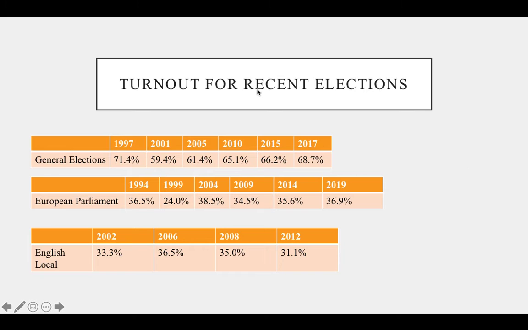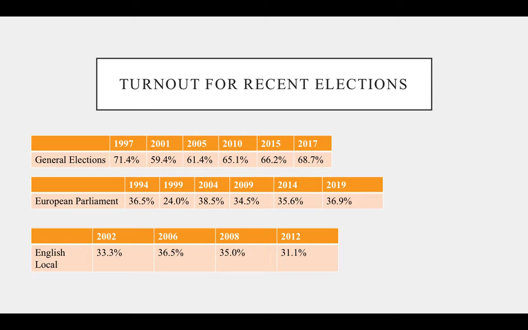There's a couple that go above and beyond that, but mainly you're in your low 60s. Then recently, in 2010, 2015 and 2017, we've seen a slight increase in turnout. There might have been a political issue that has allowed more people to take an interest in politics.